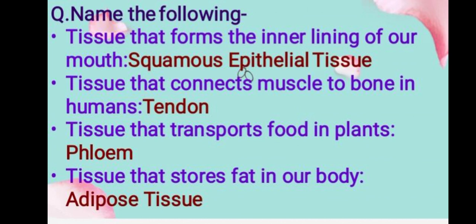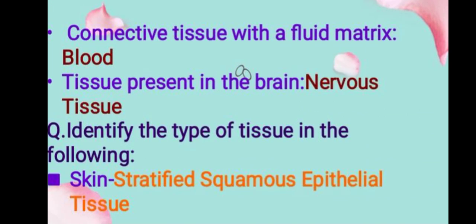Tissue that transports food in plants. Answer will be phloem. Tissue that stores fat in our body. Answer is adipose tissue. Connective tissue with a fluid matrix. Of course, answer is blood. Tissue present in the brain. Nervous tissue, we all know that the entire nervous system is made up of nervous tissue itself.